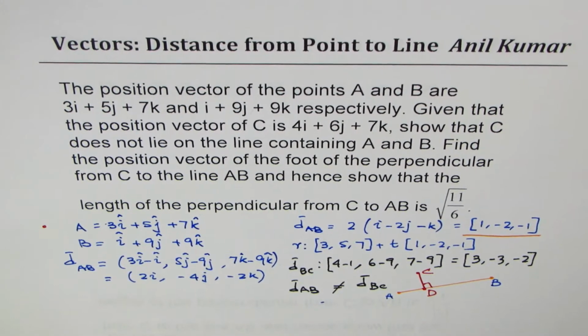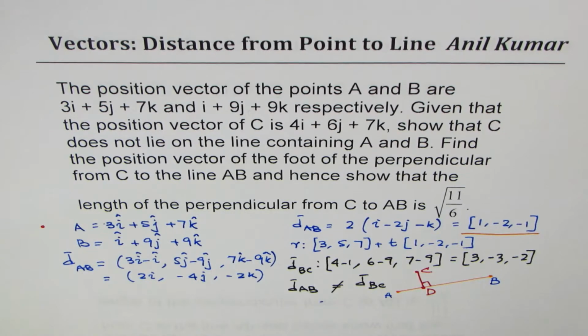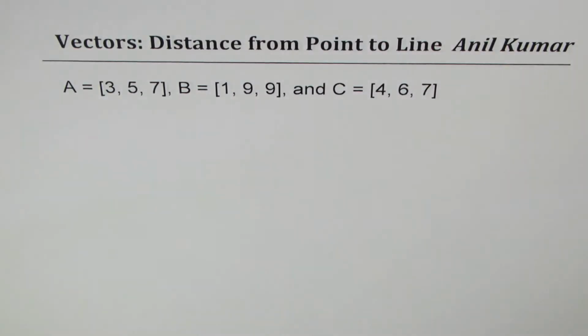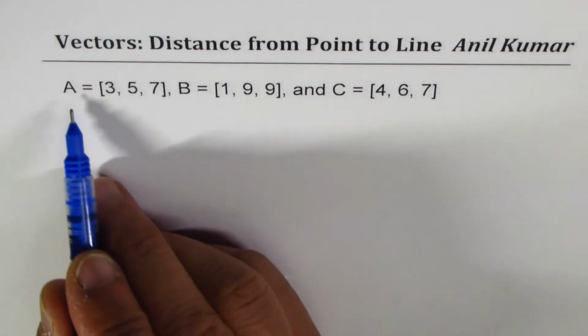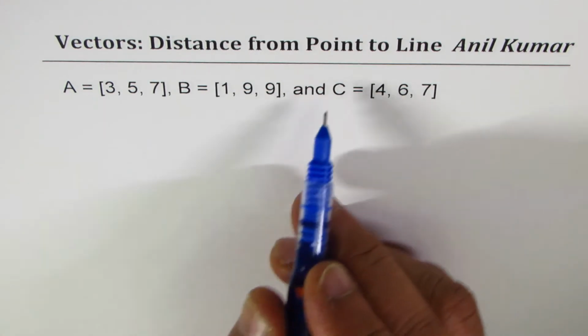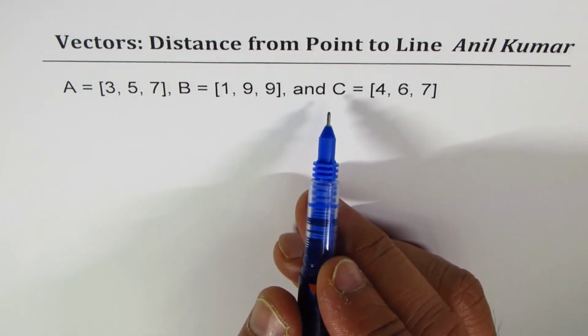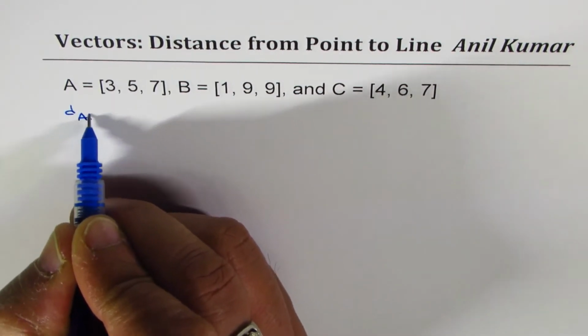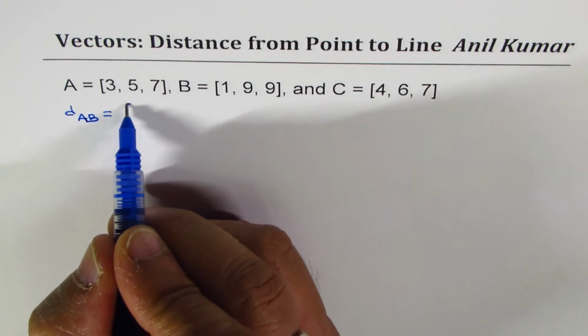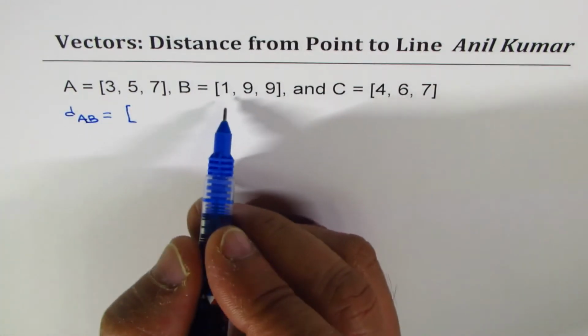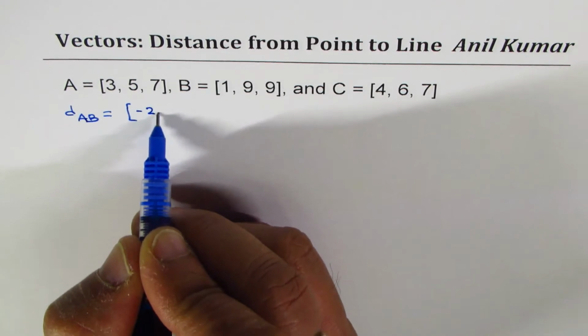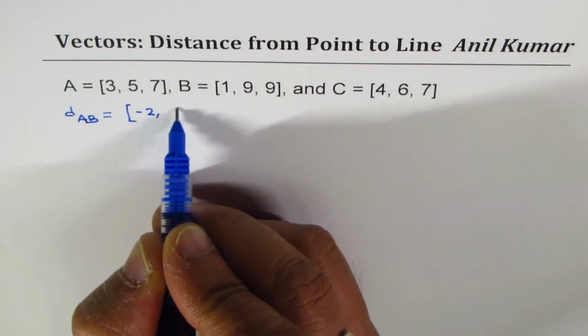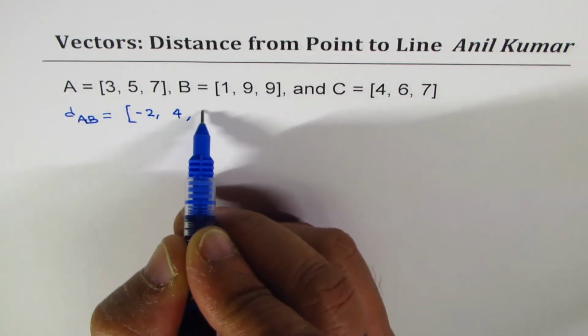So let's continue on the next page to find the foot of the perpendicular and the shortest distance. What I've done here is written the position vectors for A, B and C, and we already know the direction for AB is 1 minus 3 as minus 2, 9 minus 5 as 4, 9 minus 3 as 2.